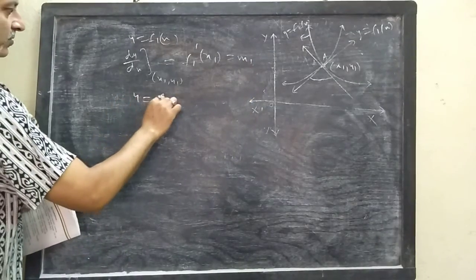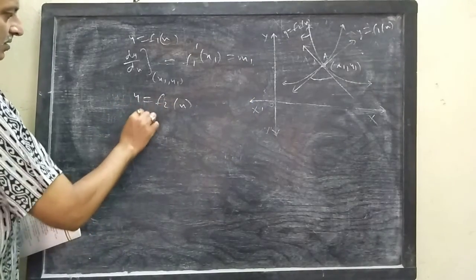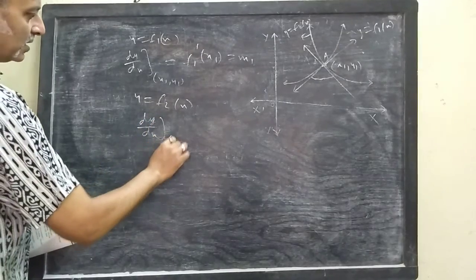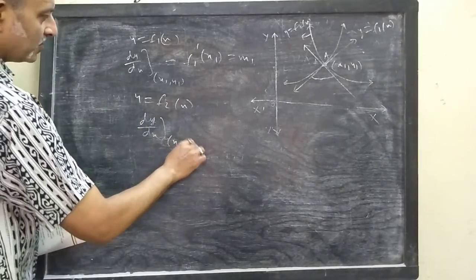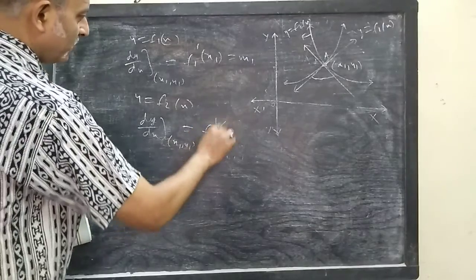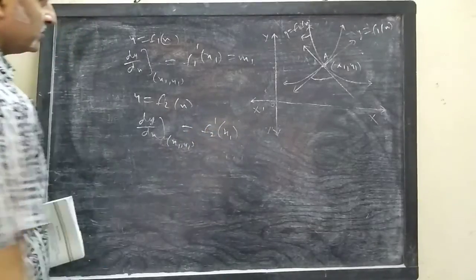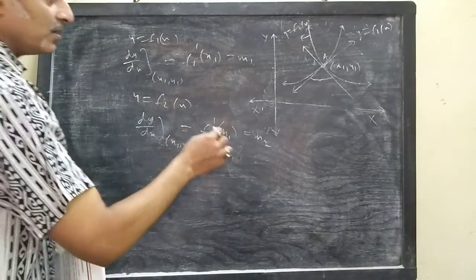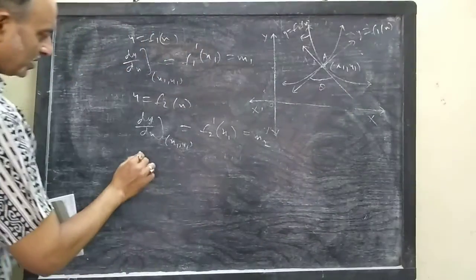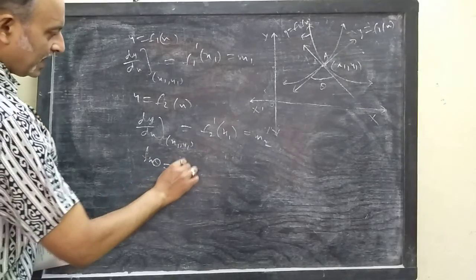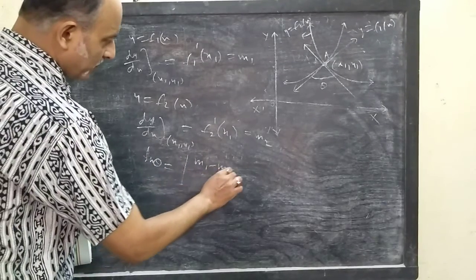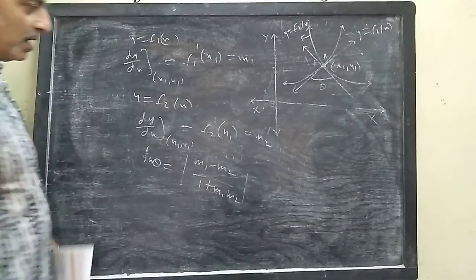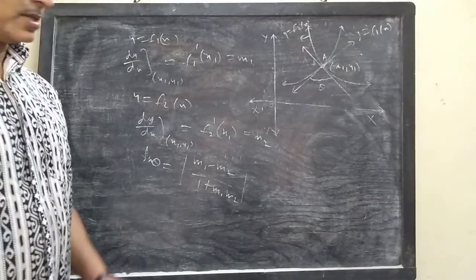Next, for the curve y equals f2(x), dy/dx at (x1, y1) will be f2'(x1). Now, if theta is the angle between the two curves, then tan theta equals mod of (m1 minus m2) by (1 plus m1 m2), and this gives you the angle between the two curves.